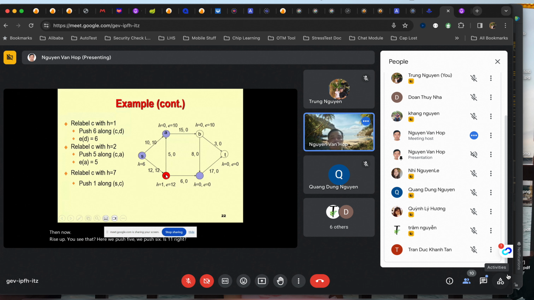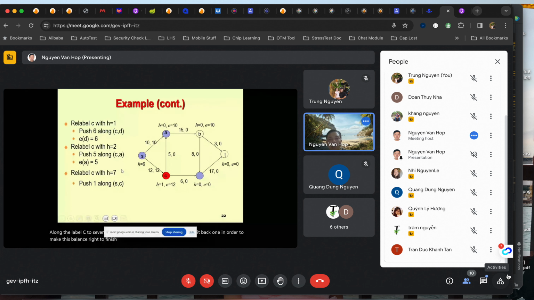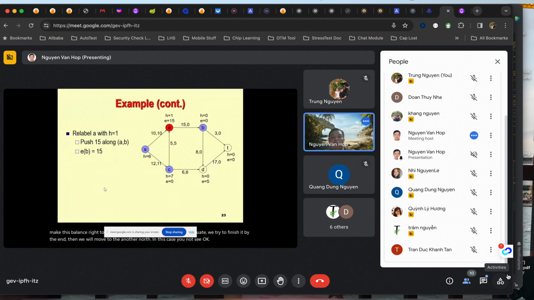Therefore, it's better if we push 1 along, relabeling C to 7 to be higher than this one, in order to push 1 back and make it balance, right? To finish, because when we consider one active node, we try to finish it by the end. Then we'll move to another node. In this case, node C. Okay. Then after node C, we move to here.